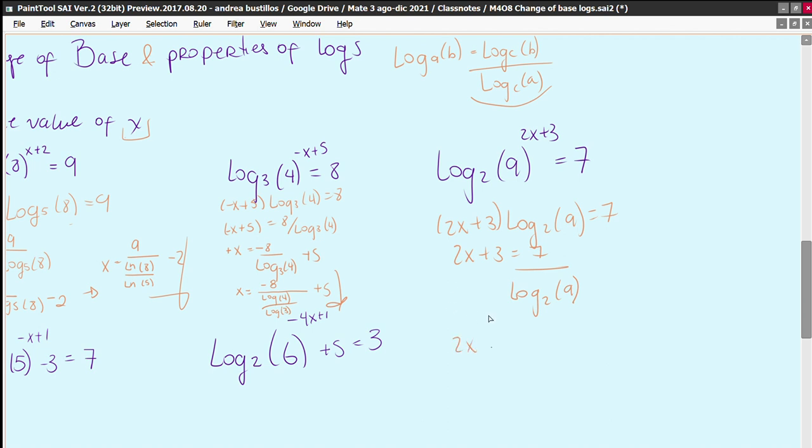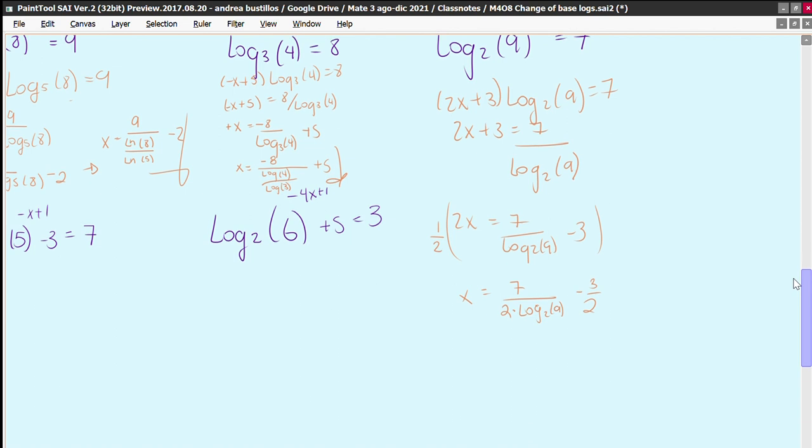Then the 3 is getting in my way, so it's going to pass to the other side, subtracting, and lastly I'm going to divide everything over 2, or in other words, multiply everything times 1/2, meaning that this is logarithm base 2 of 9 minus 3/2.